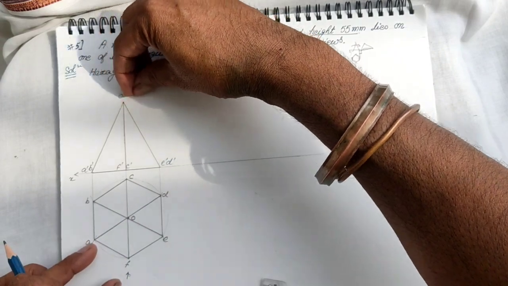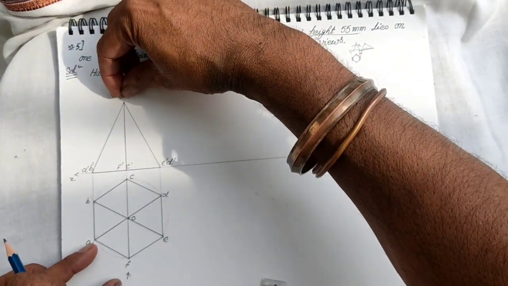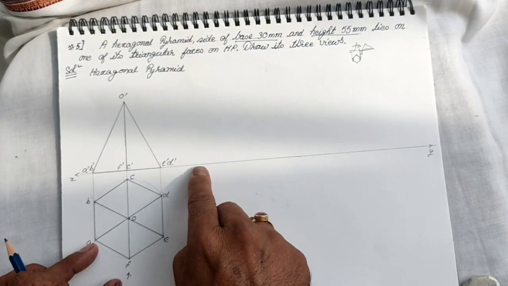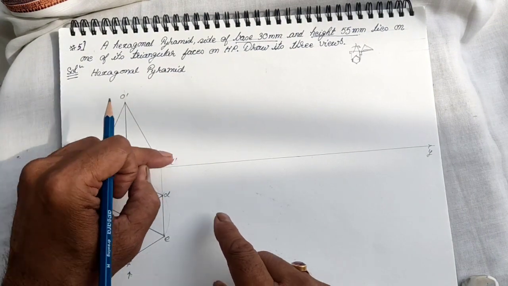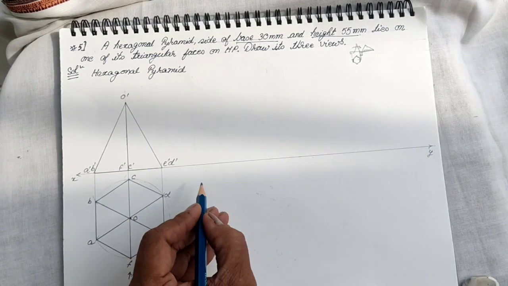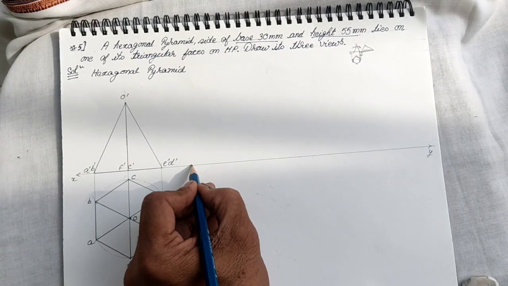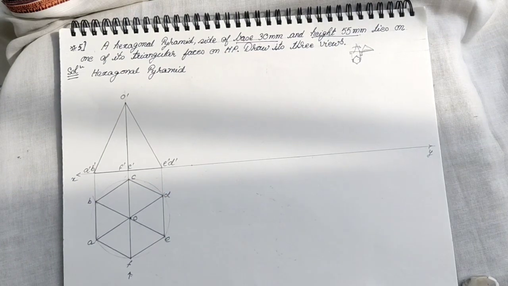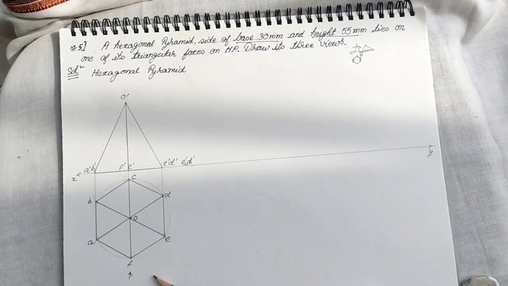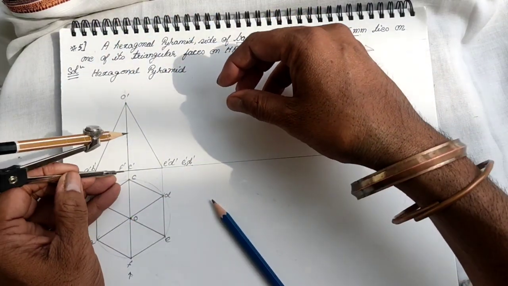Now we will make it lie on the ground. That means apex O will come on the ground and the base edge ED will be on the ground. So the face OED is on the ground. So we are making it lie on the ground. For that, we move on to the next step. First I mark one point. So this is say E1 dash, D1 dash. It will be the same triangle we will be able to see.